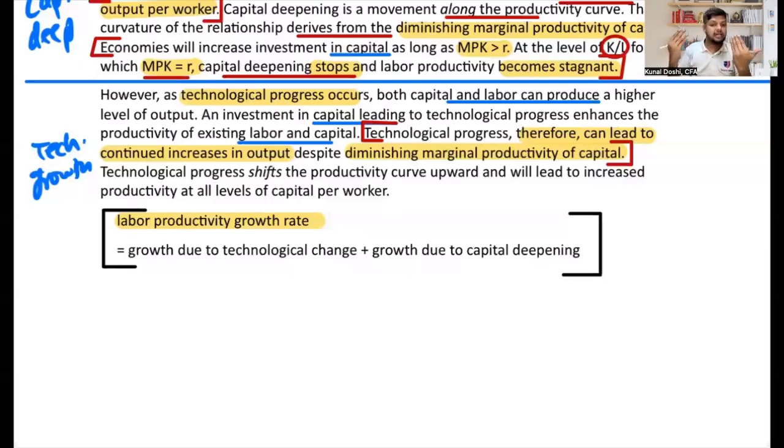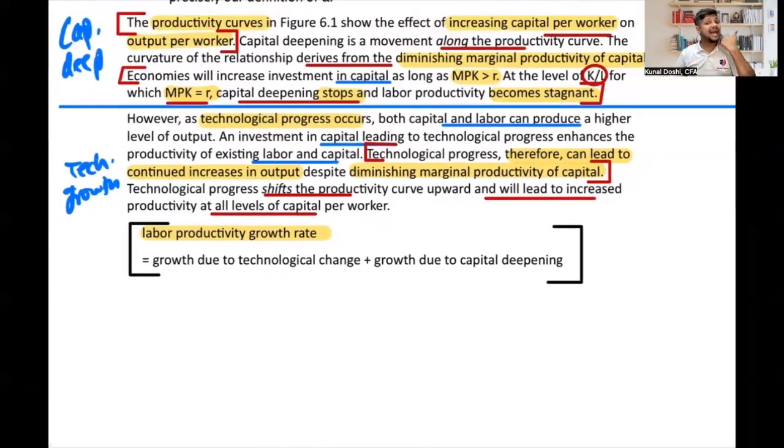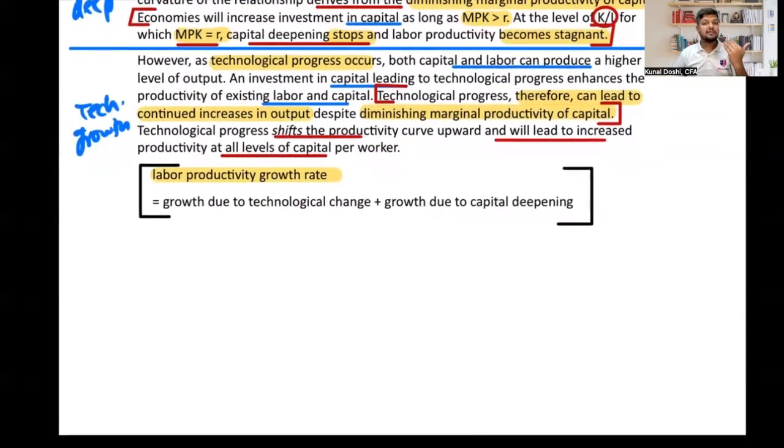Capital has diminishing returns. Technological progress shifts the productivity curve upward and will lead to increased productivity at all levels of capital per worker. So at all levels of capital, if technological growth is higher, it will always increase the growth rate in the economy. Understood, everyone?